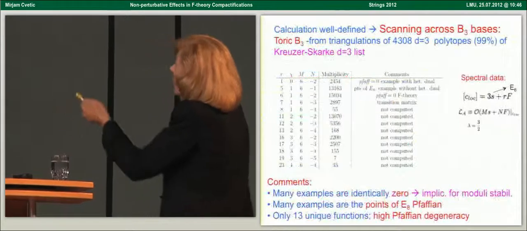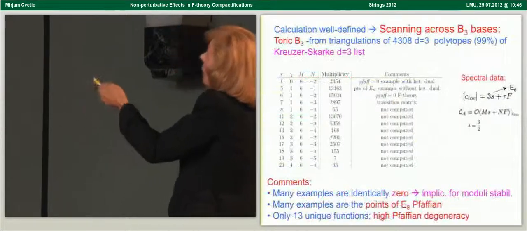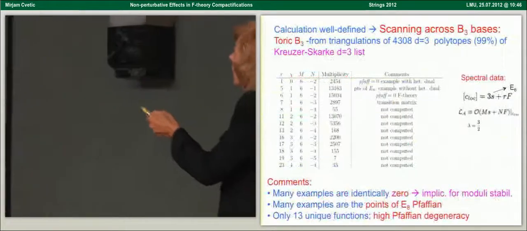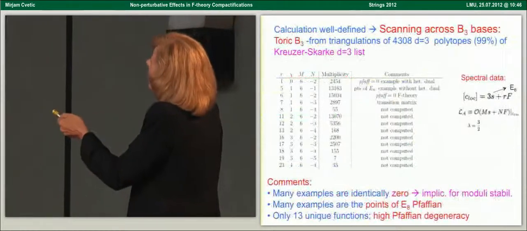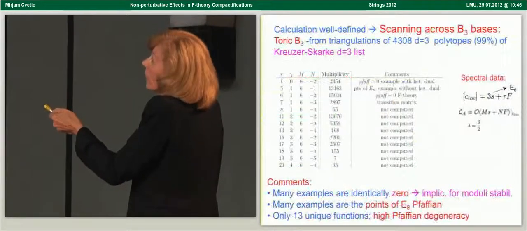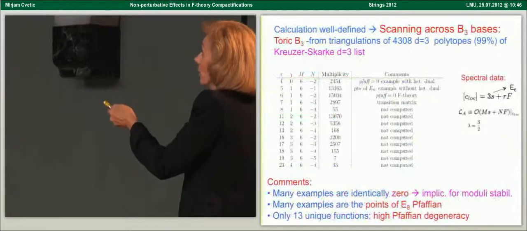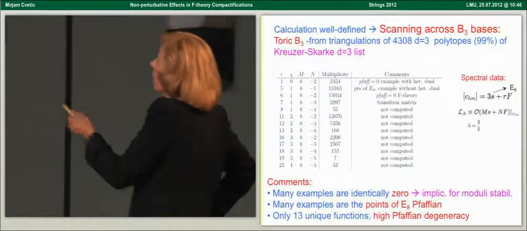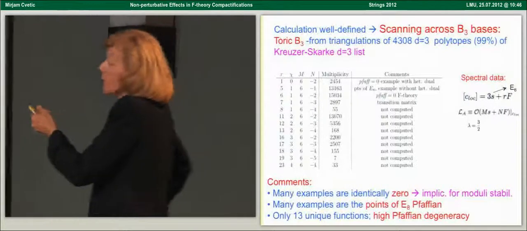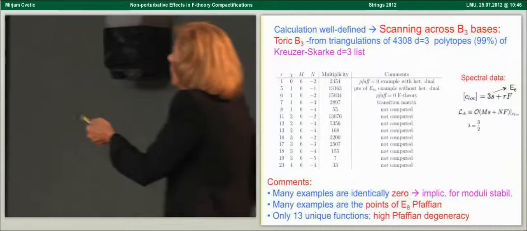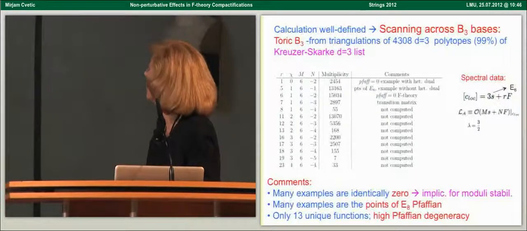This is the actual spectral cover data associated with different examples of these toric spaces, and with this spectral cover data one can calculate Pfaffians. For example, we see that often we get Pfaffians that are 0 directly for this whole class of three-dimensional bases. We have examples where we have E8 enhancement. That's the example that I just showed you. And there are other examples that are more complicated, and Pfaffians have not been computed.